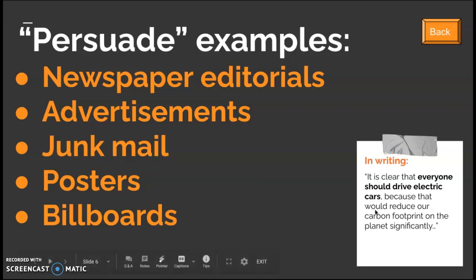And here is something that might indicate that the type of writing you're reading is persuasive. It is clear that everyone should drive electric cars because that would reduce our carbon footprint on the planet significantly. And here you can see that the author is stating a claim and then giving you reasons why you should believe that claim.